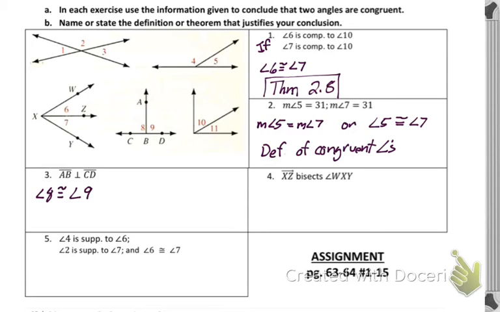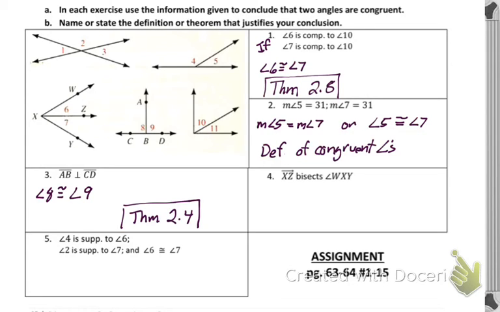So every time I give a theorem like that, I would turn to my theorem page and read it. Alright, so I'll give you all a second. If you didn't get that answer, turn to your theorem sheet and look at 2.4. And make sure you agree with Robin. And in fact, I'll read it along with you. So 2.4 says, if two lines are perpendicular, then they form congruent adjacent angles.